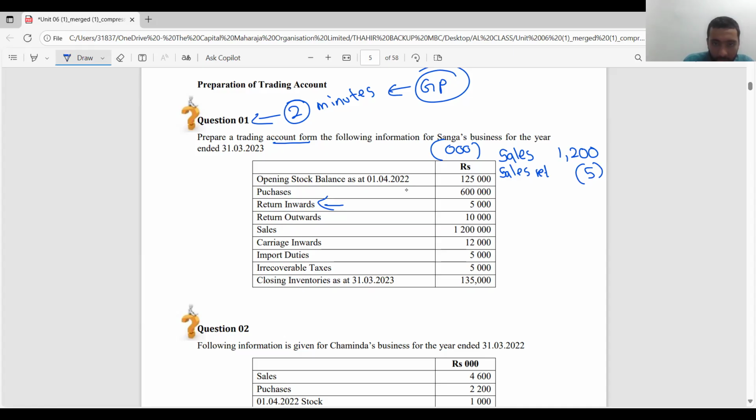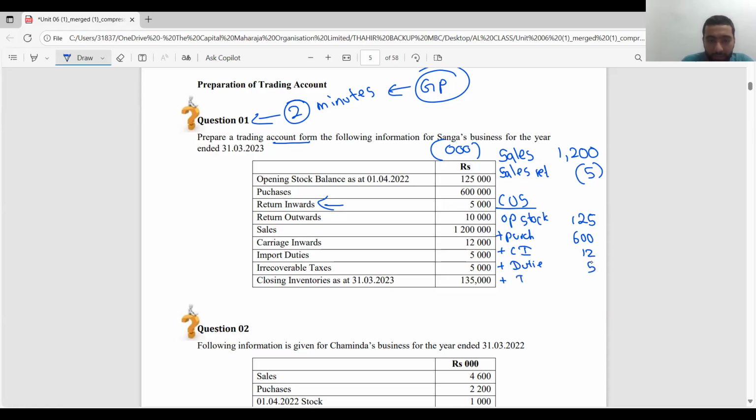And then expenses. So now we are going to calculate the cost of sale. Where is the opening stock? Opening stock 125 plus purchases. How much? 600 plus the expenses carriage inwards 12,000 plus duties, that is also an expense, plus 5.